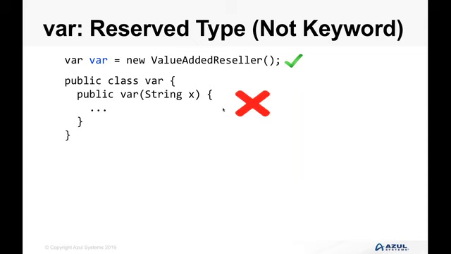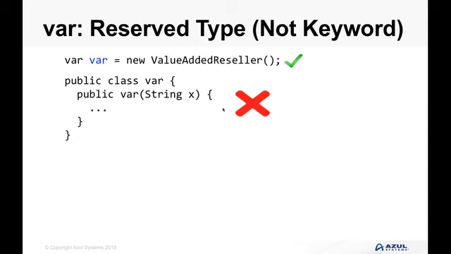What does that mean? Well, what it means is we can still use var as a variable name. So we can have var equals new value added reseller. That's perfectly acceptable and will compile. What we can't do in JDK 10, which we could have done in JDK 9, but we never would have done, is create a class called var with a lowercase v.